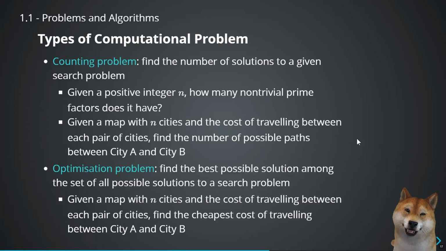I want you to find the best way, the cheapest cost of going from A to B. So you may have to go through all possible solutions of going from A to B, right? And then you find the one which is the best. So as you can see, if you compare the optimization problem to the other ones, this is the one that takes the most effort.